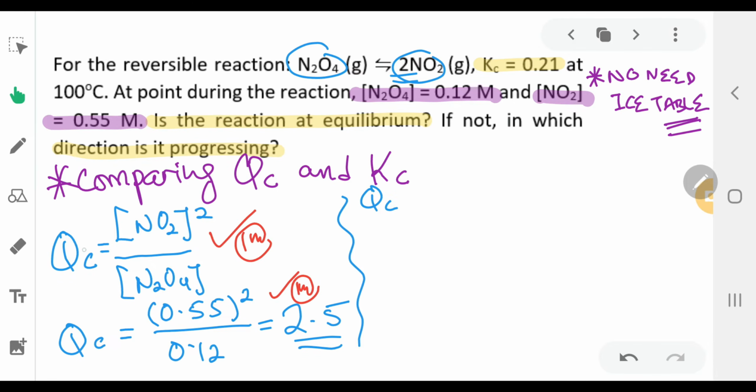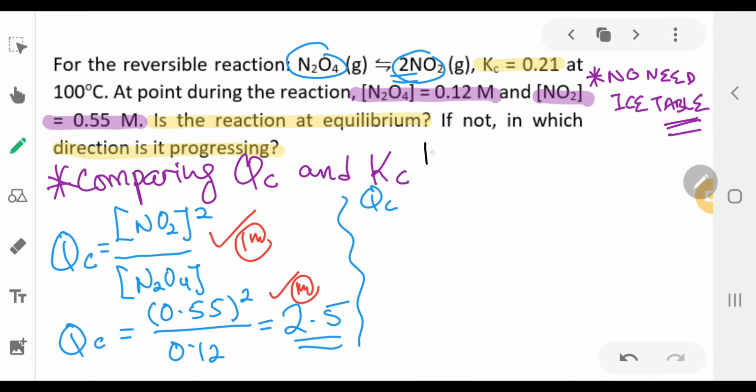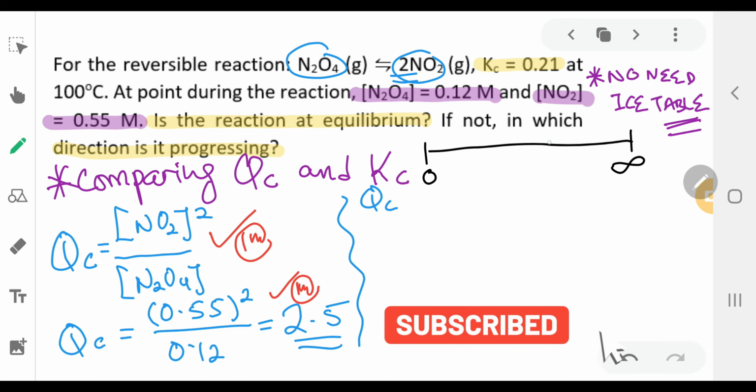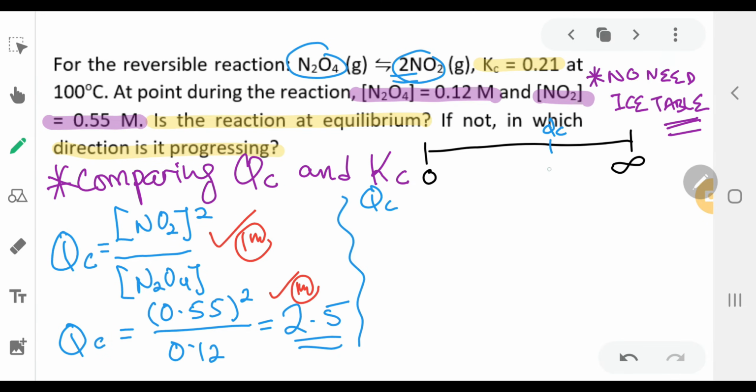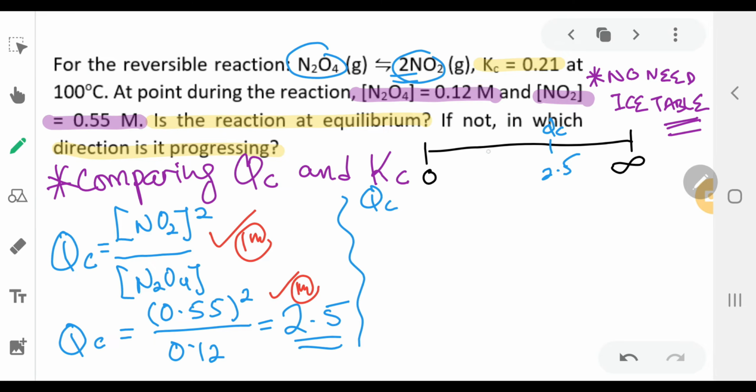If you visualize that with the range just now, your QC is about here, 2.5, and your KC is right there, 0.21.